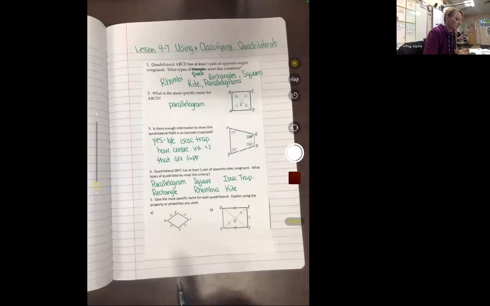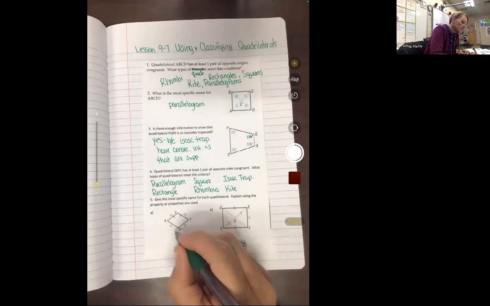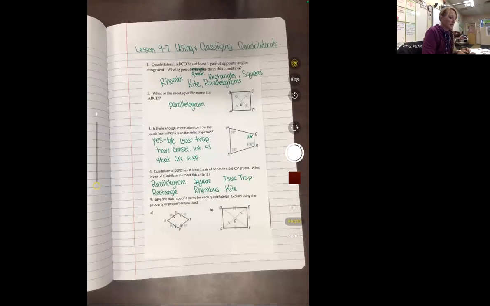So the next one says, give the most specific name for each quadrilateral, and explain the property or properties you are using. So this one looks like this is congruent to this, and this is congruent to this, which would make this a kite.